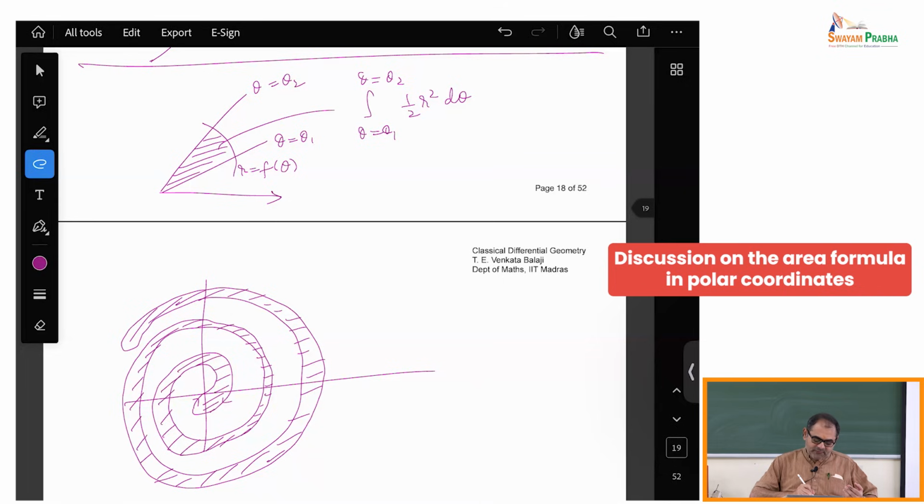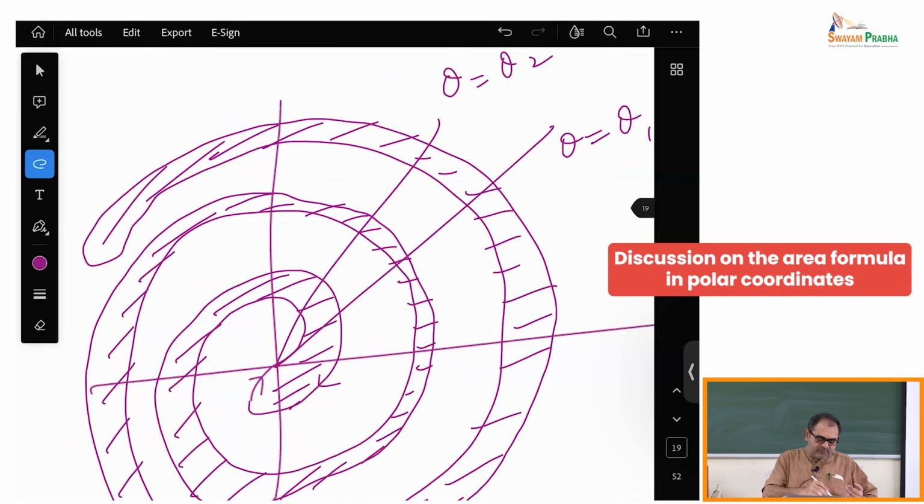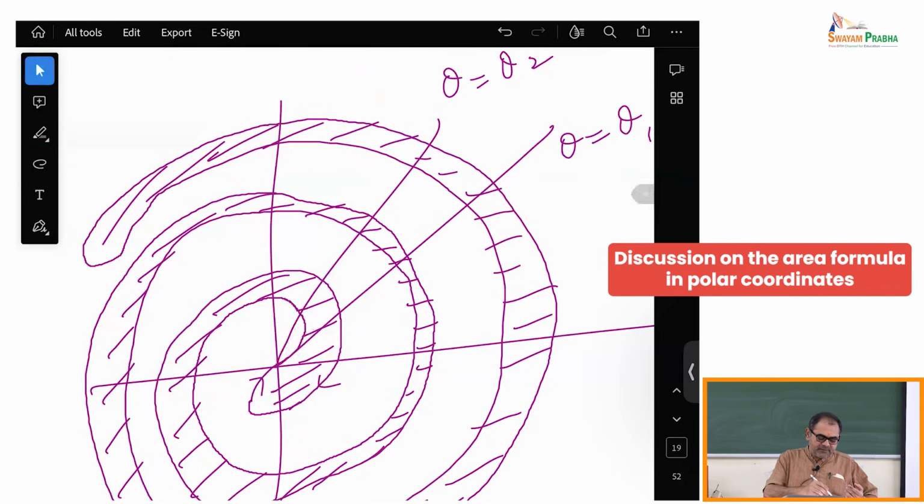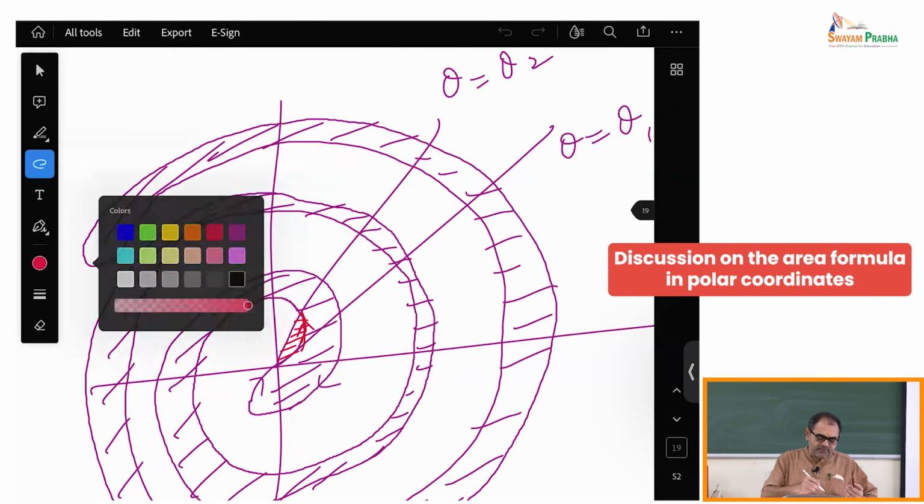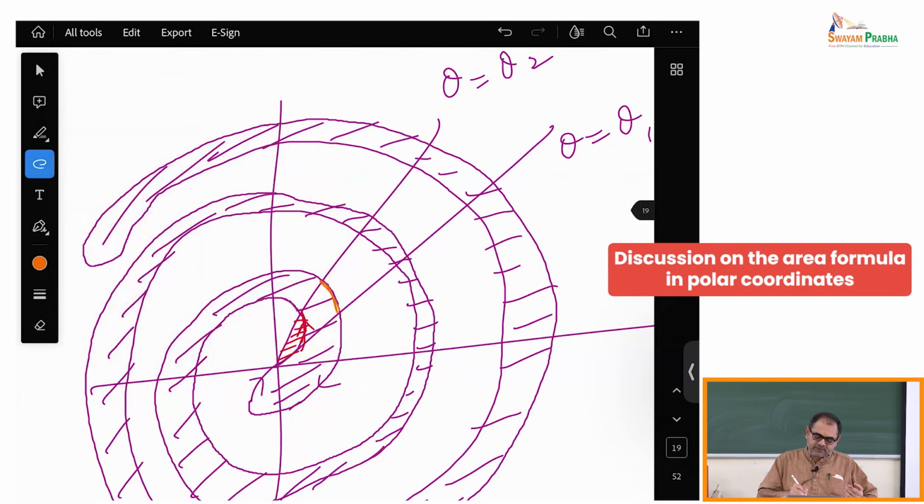But the point is that if you take any theta equal to theta 1 and theta equal to theta 2, then when you are integrating on this portion, you will get this area. Then when you come to the other segment of the curve, you are now going in the opposite direction, and the area will be this whole orange thing.